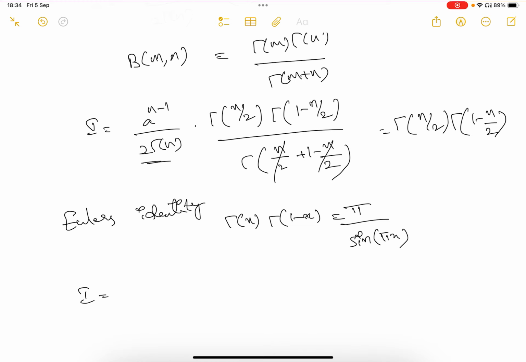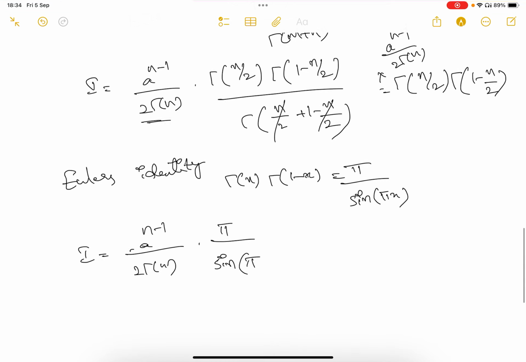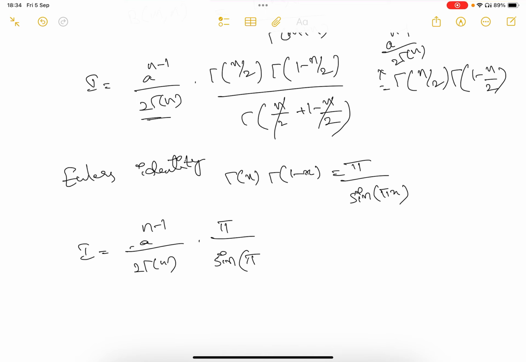Here it is a power n minus 1 by 2 into gamma of n into pi by sin of pi x, where here x is n by 2.